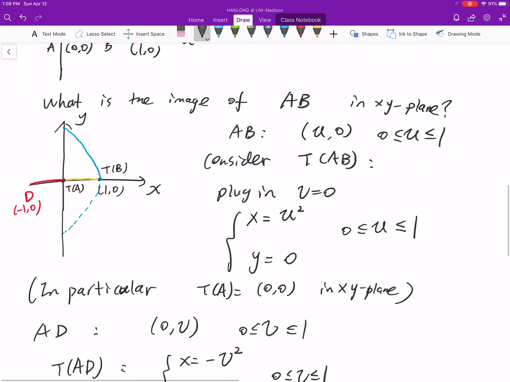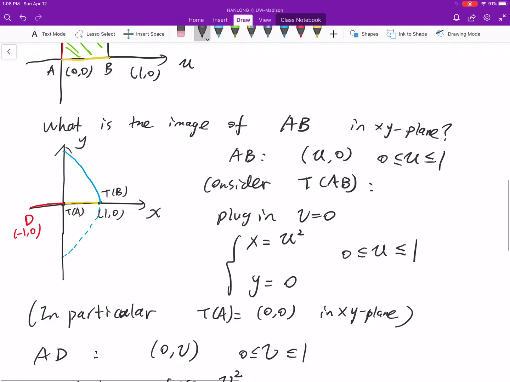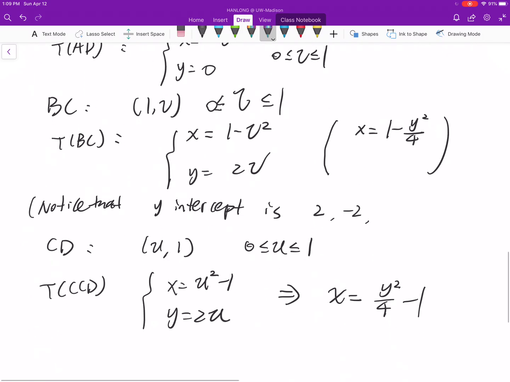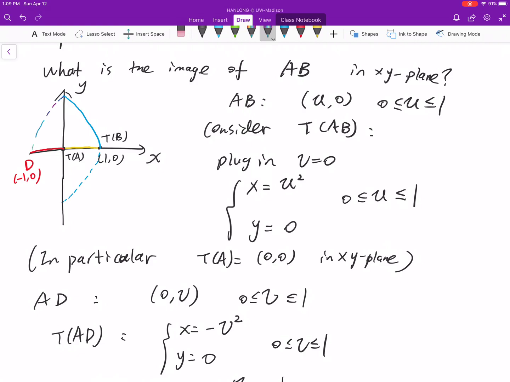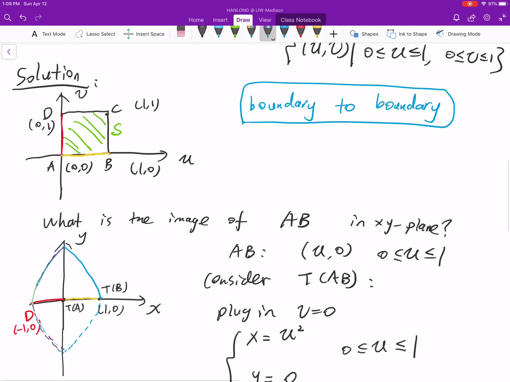It's easy to see the x-intercept is negative 1, and the y-intercepts are 2 and negative 2. So you may have this one. I will choose this as solid. Okay, so from this picture, you see these 4 lines. Let me draw BC.